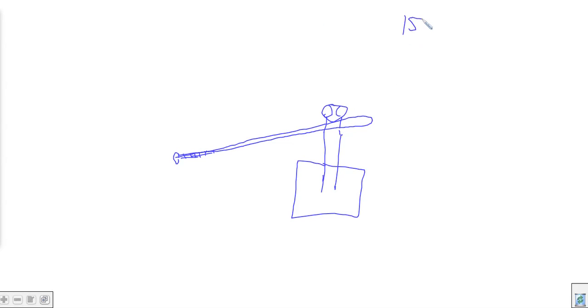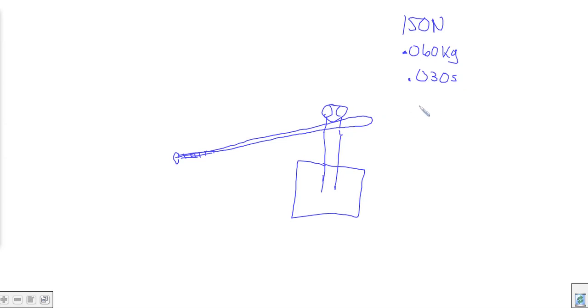Let's say that you're able to hit it with a force of 150 newtons. Let's say that that baseball weighs 0.060 kilograms. Let's say that the time that the bat is in contact with the ball is 0.030 seconds. Okay, so this is what we know.